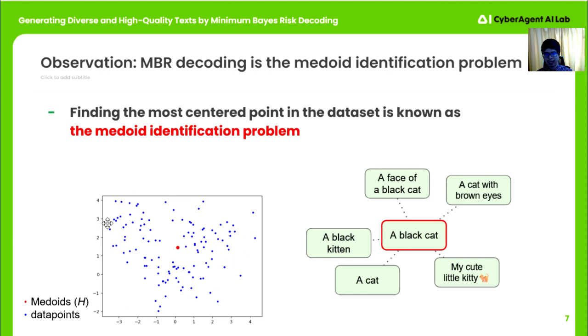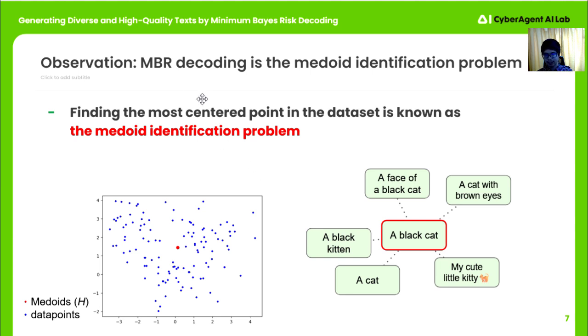So let's say we have these data points in a 2D domain. The Medoid is the point that lies in the center of this dataset. So this is synonymous to what MBR is doing, where we have the utility function as the inverse of the distance function here.